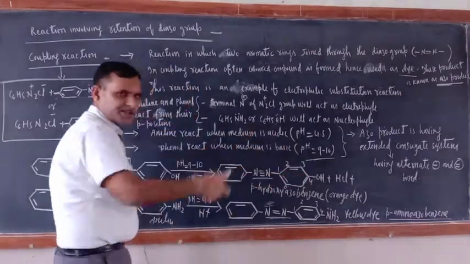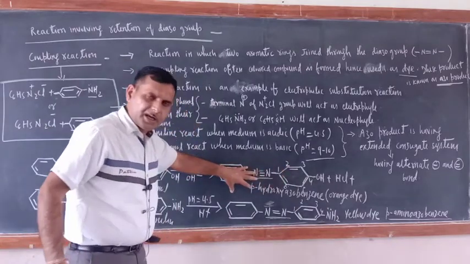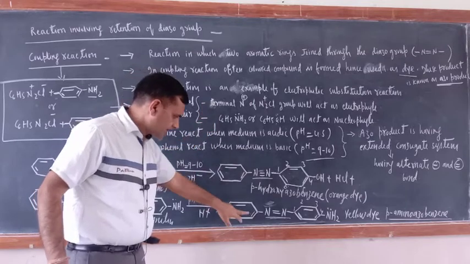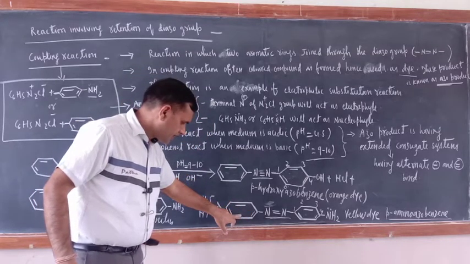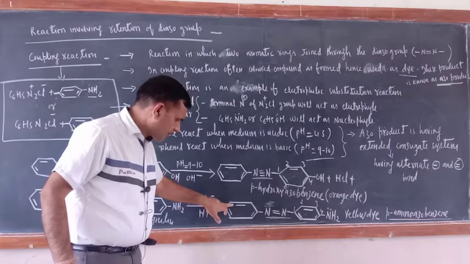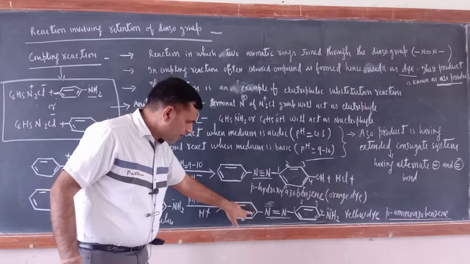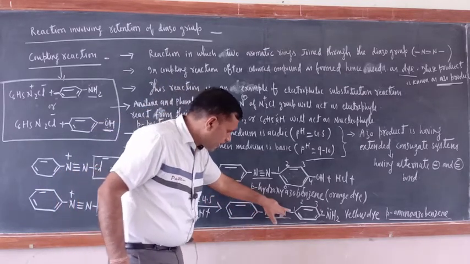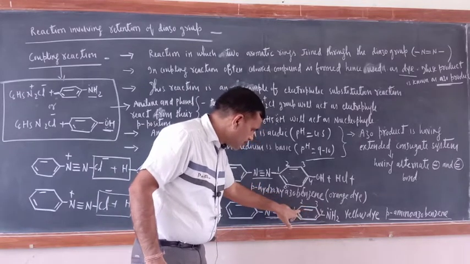Extended conjugate system means alternate single and double bonds throughout the two benzene rings and the azo group. You can check here: double bond, single bond, double bond, single bond, correct?